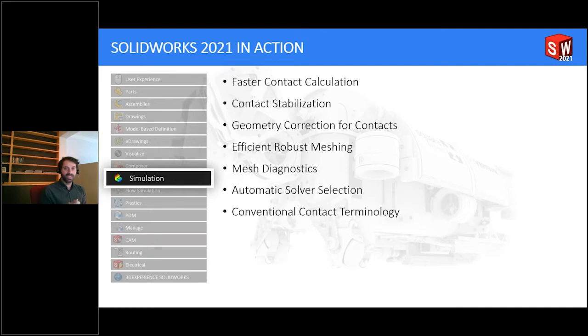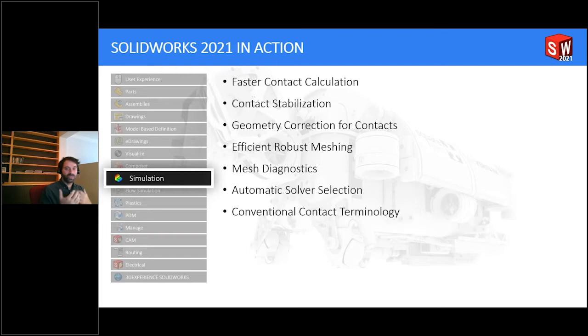It's amazing what they can do with those sorts of things. Up next, there are also some improvements to the contacts and the way they're solved, so that there'll be more stability in your models, which can be really helpful.